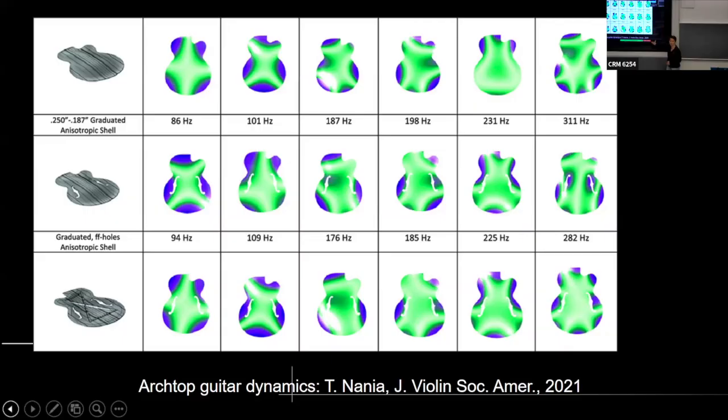I didn't even know there was a Journal of the Violin Society of America, but you have one. They did these lovely calculations for different shaped boards, I guess. And they plotted the first, the second, the third, and so forth modes of these guitars.